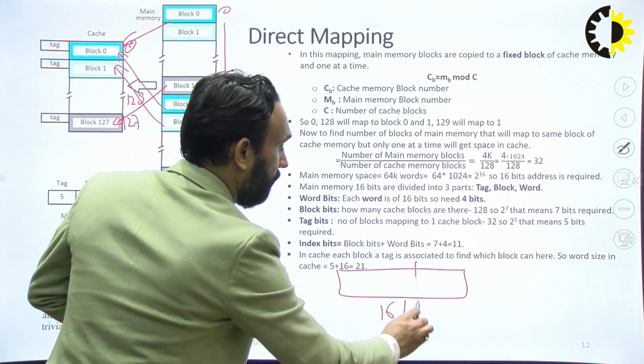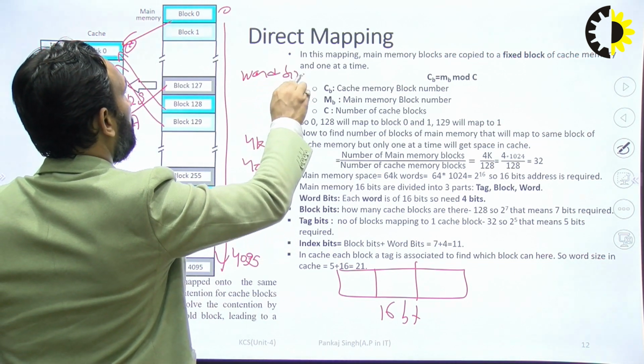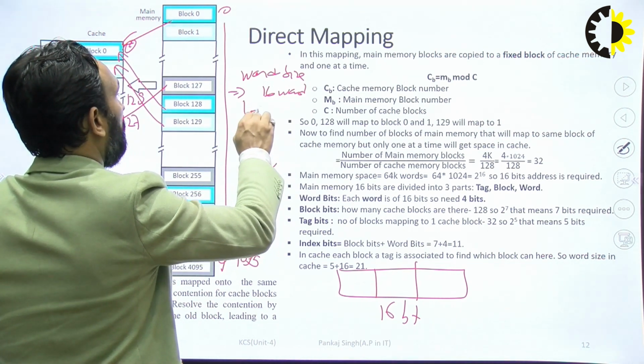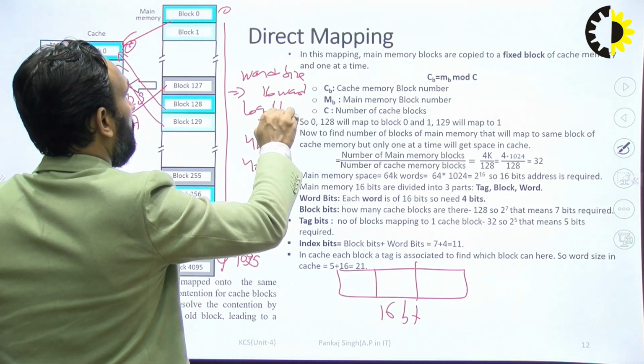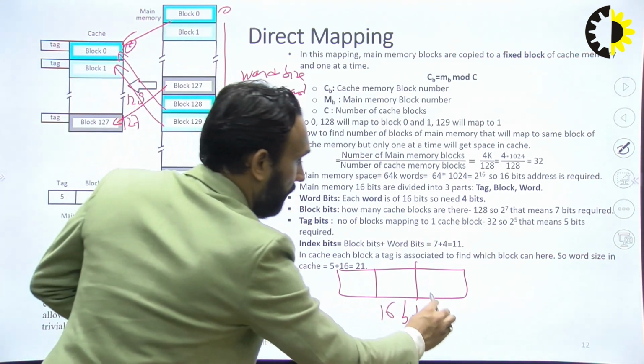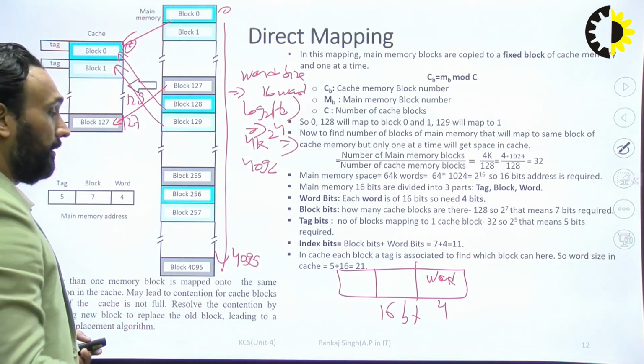So first, what is the word size? The word size is 16 words. When we take log 2 of 16, how many bits are required? That is 2 to the power 4, so the word is 4 bits.